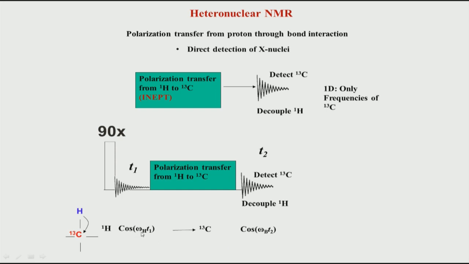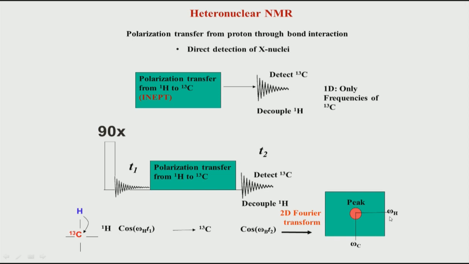So, when I combine, I am getting frequencies of proton which are now correlated to the frequency of the carbon. If I do a 2D Fourier transform like we saw in the standard homonuclear case, I will now get this spectrum, which gives me a cross peak, where one axis is proton and the second axis is carbon.